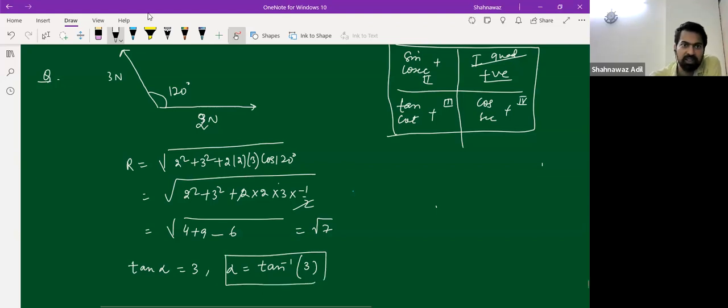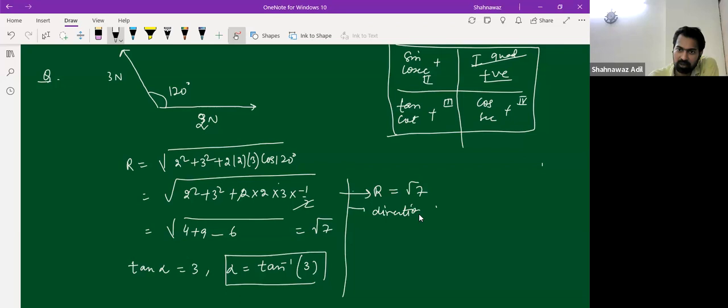So the answer is that the magnitude of the resultant is √7 and the direction is at an angle of tan inverse 3 with the 2 Newton force. Understood, guys?